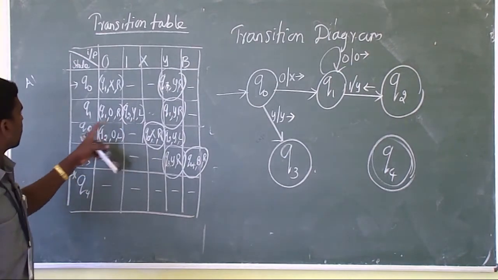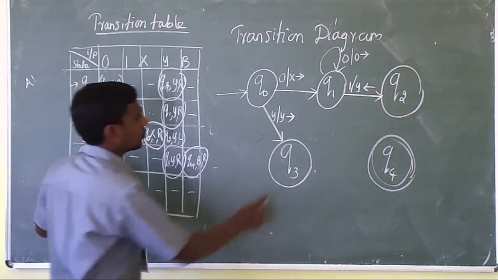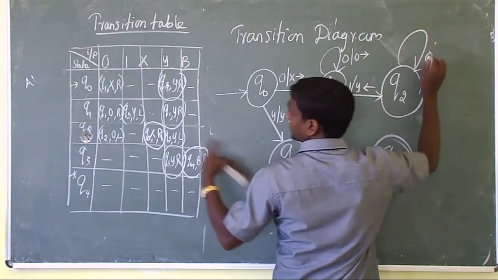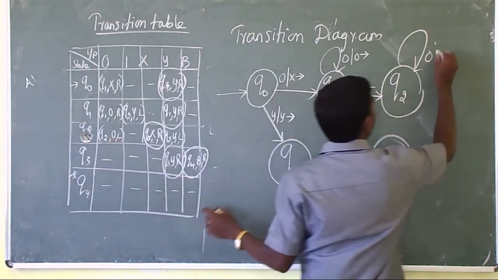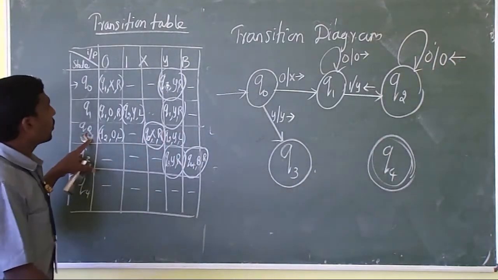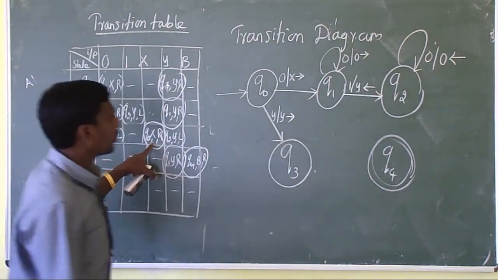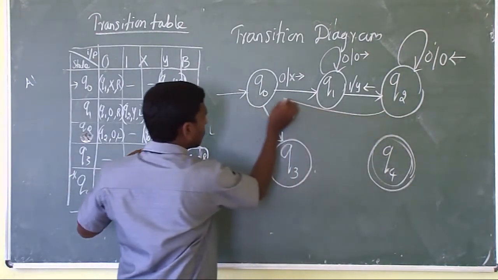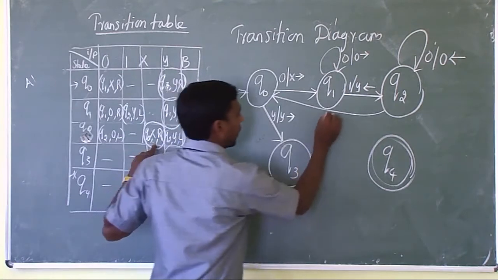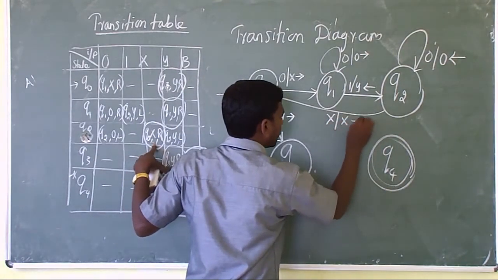Now Q2 0, so Q2 it goes to Q2, 0 is replaced by 0, and direction is left side. Okay. And now Q2 x, so it goes to Q0, Q2 x, it goes to Q0, right? So x is replaced by x, and right side.